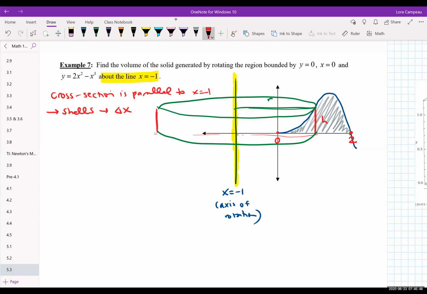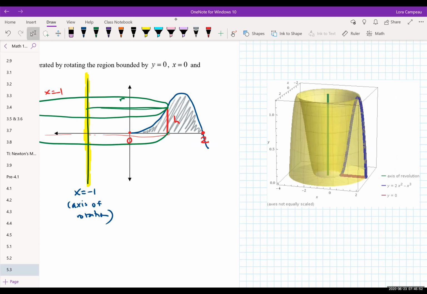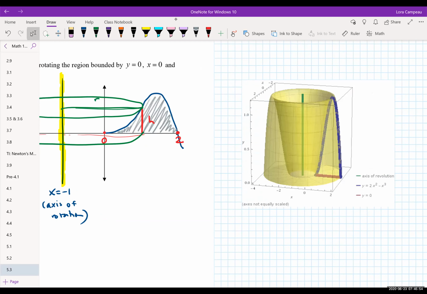Just so that you see what you're actually making, I created a solid for you. And again, the radius is varying and the height is varying, which is why we're using shells in the first place.